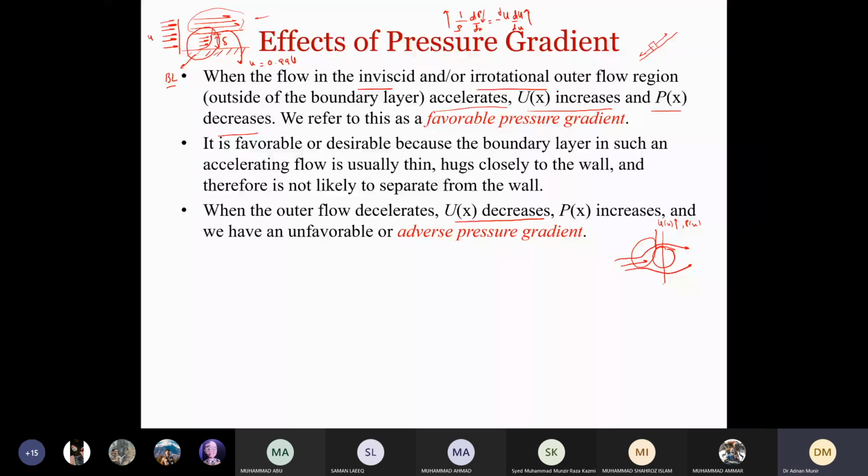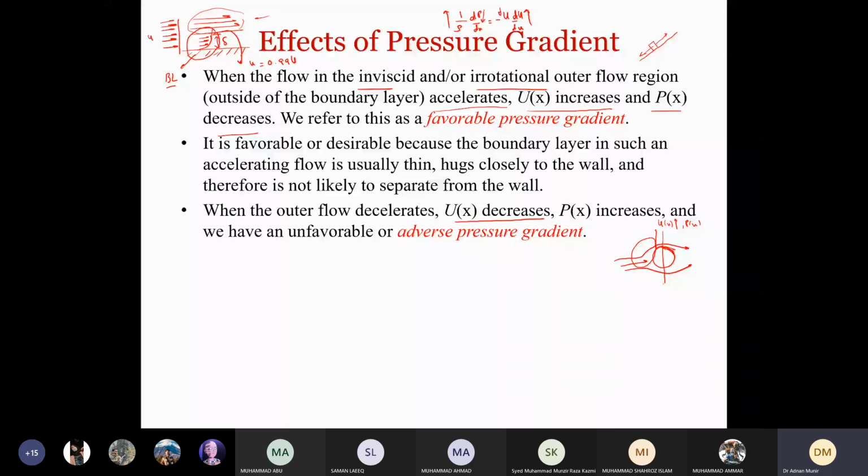The flow at this point is decreasing, velocity is decreasing. When the velocity is decreasing, the pressure will be increasing, right? And we always know that flow moves from high pressure to low pressure.